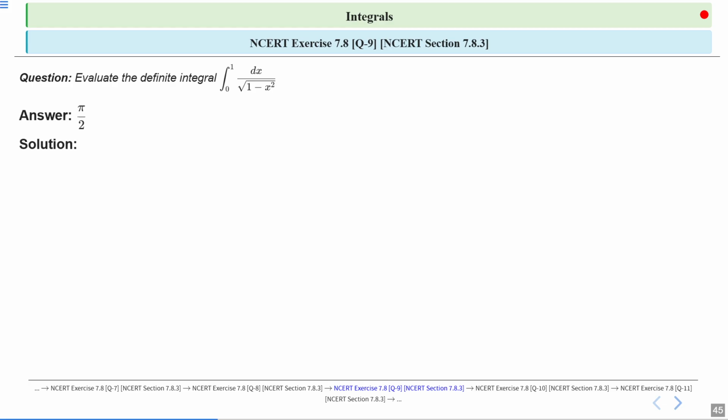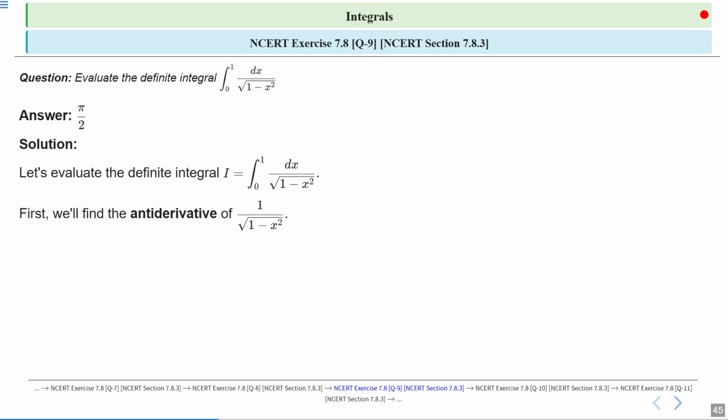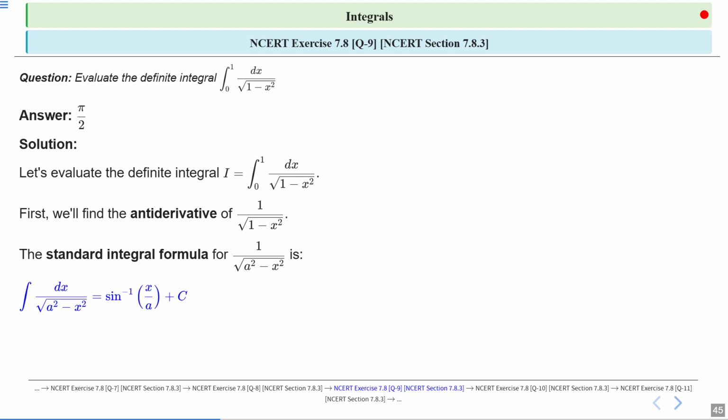Let's solve. Now we have to evaluate the definite integral I is equal to 0 to 1 dx by root under 1 minus x square. So at first we find the antiderivative of 1 by root under 1 minus x square. The standard integral formula for 1 by root under a square minus x square is, if you remember, sine inverse x by a plus c.